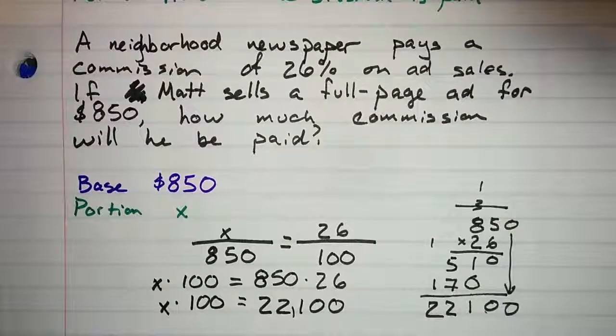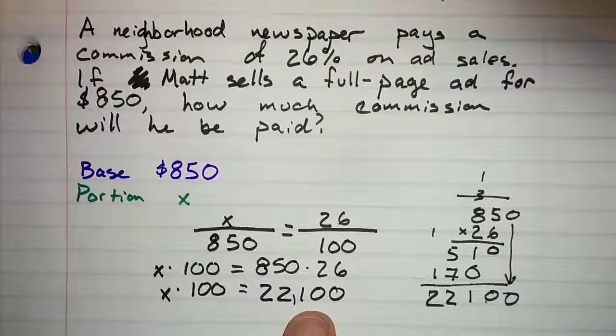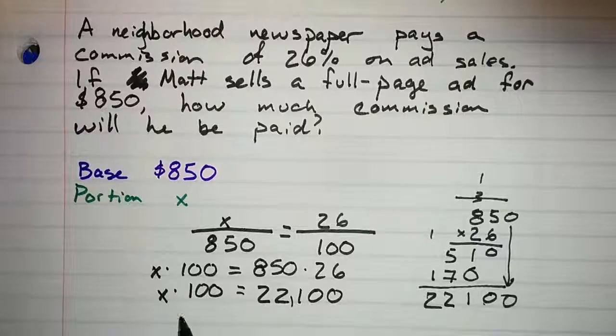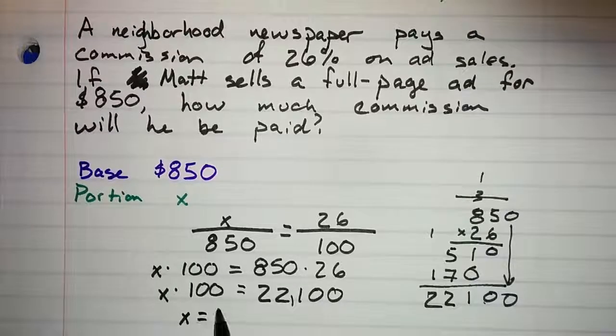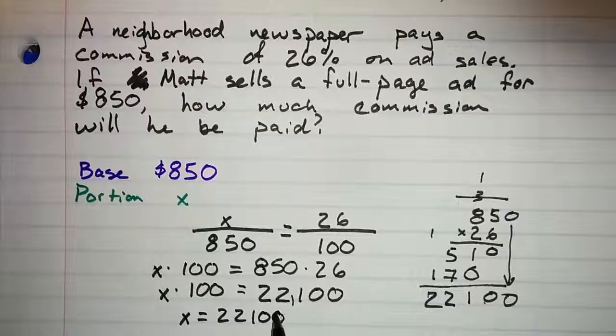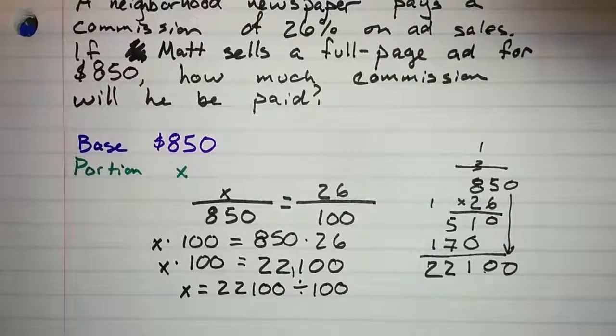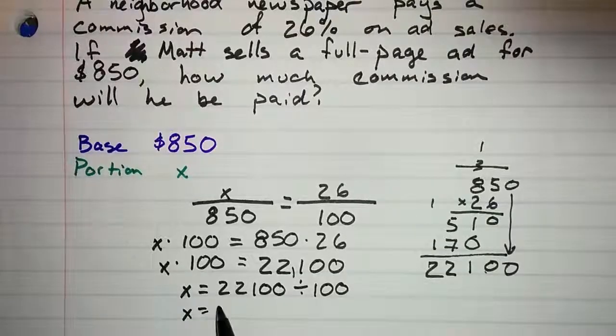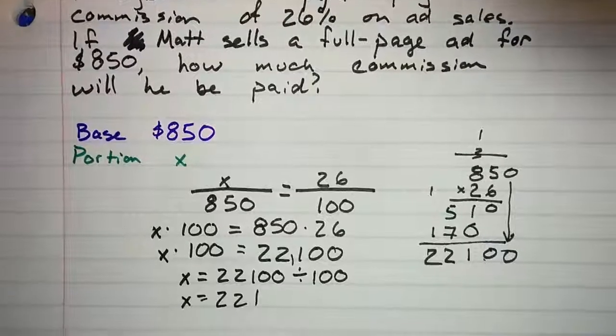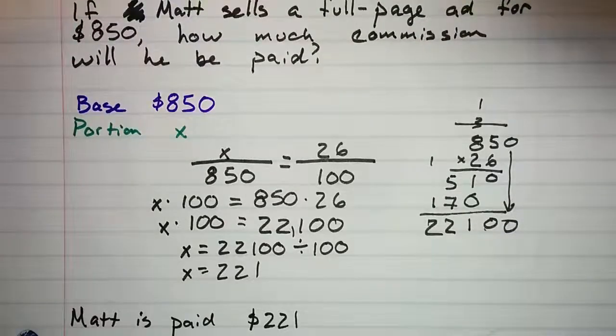Well, then we need to divide this by 100 to find X. X is 22,100 divided by 100. That's easy, just drop the 2 zeros off the end. X is 221. So how much will Matt be paid? Matt is paid $221.